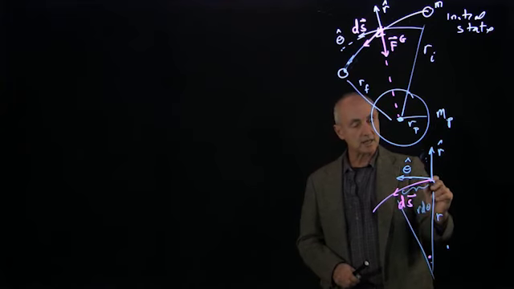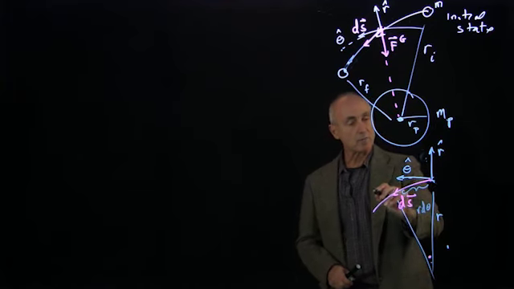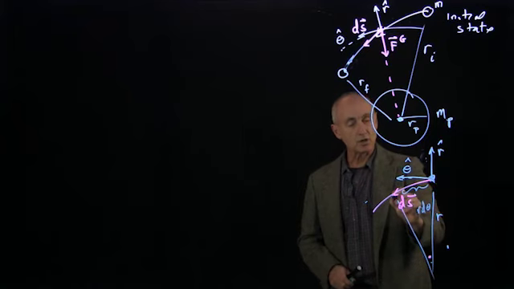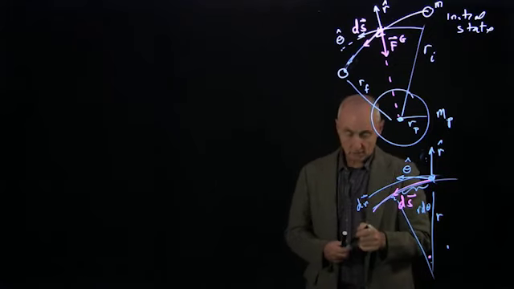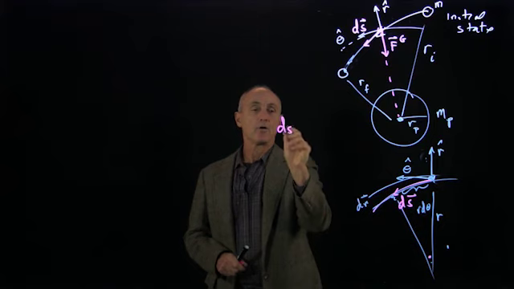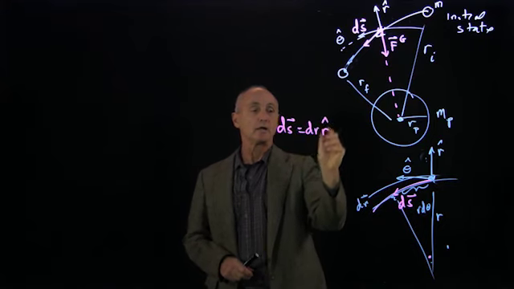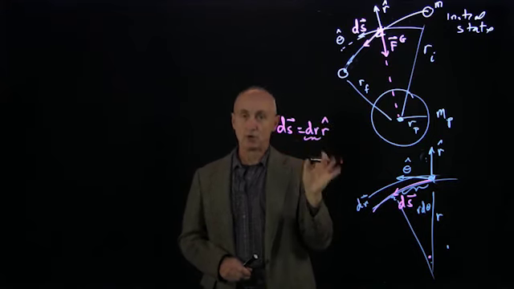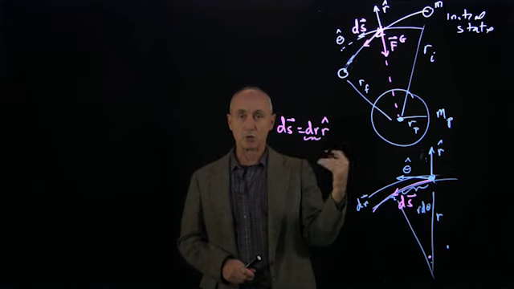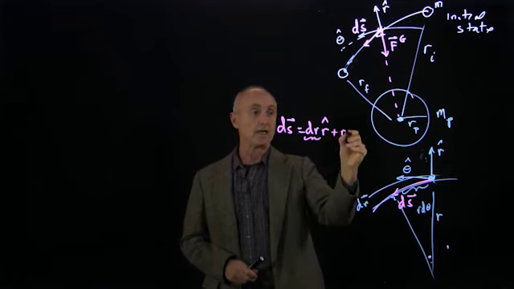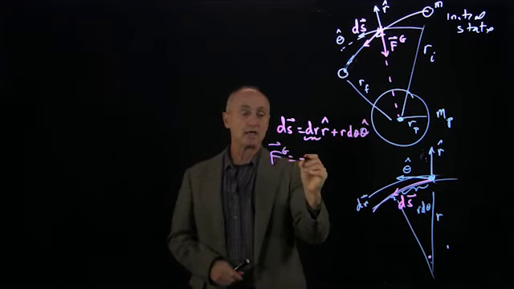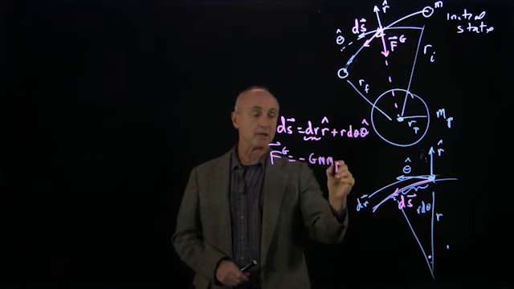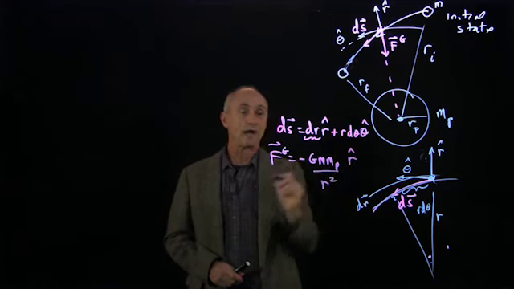And the difference as the object moves from one point here to a closer point towards the center will be dr. And so our ds vector we can write as a radial piece dr r hat. Now, I don't put a sign in there because only the endpoints of my integral will tell me whether I was going towards the planet or away from the planet, and r d theta, theta hat. And our gravitational force is minus G mass of the planet over the distance squared, r hat.